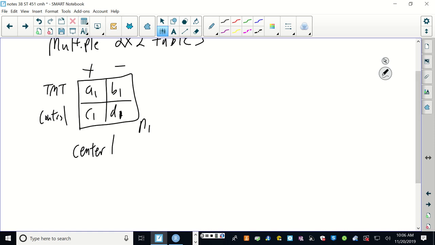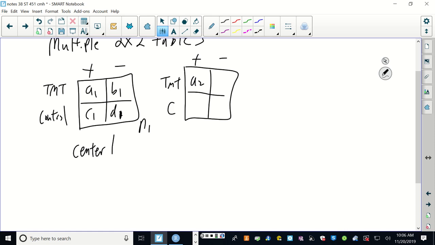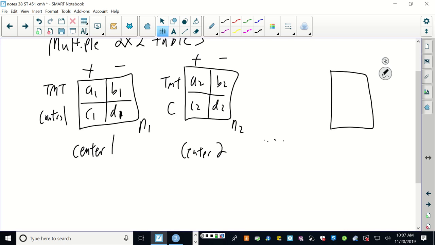D1, not D2. Okay. And then at the next center, you get another table, a treatment and control, A2, B2, C2, D2 here, and N2 is the sample size here. Here's center 2. On to the next center.